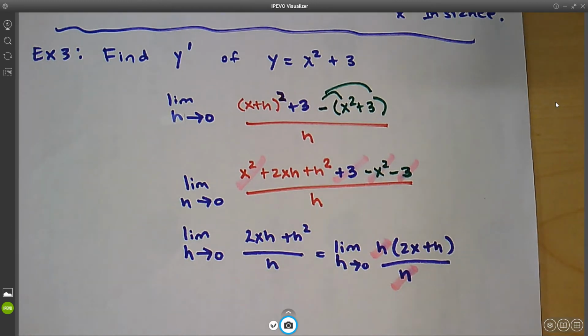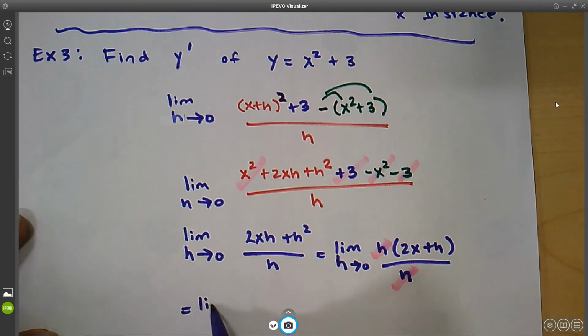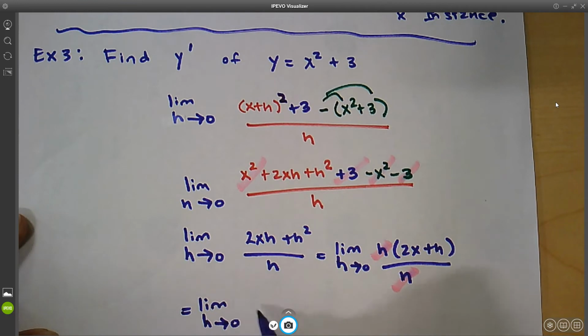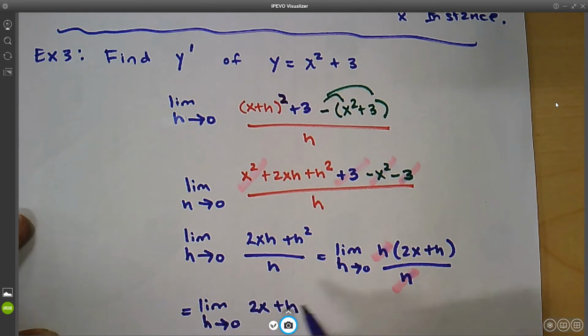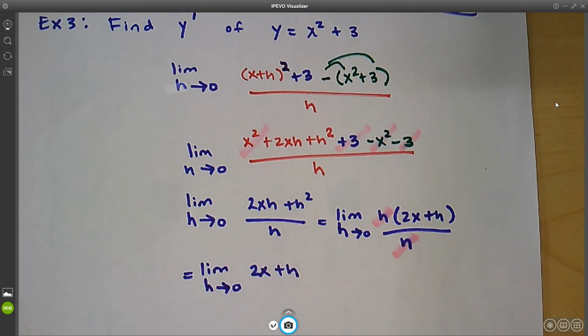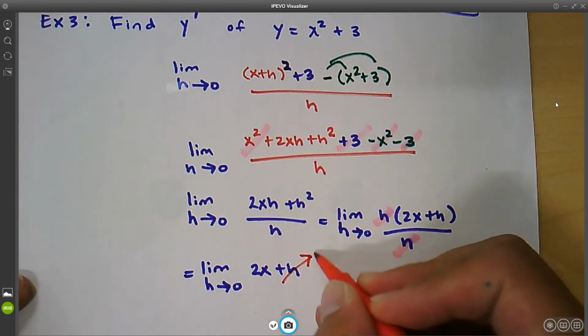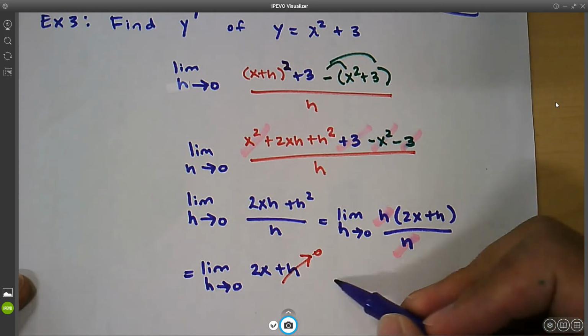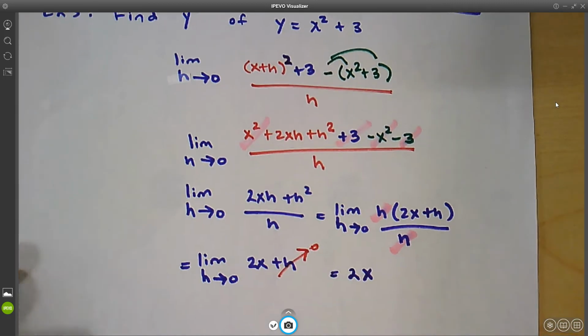We always want that h at the bottom to cancel. Then the last thing you want to do is take a limit. That's why we still keep the limit notation, because it tells us that we still need to do that. Now h goes to 0, not x goes to 0. So if h goes to 0, what remains is just the 2x.